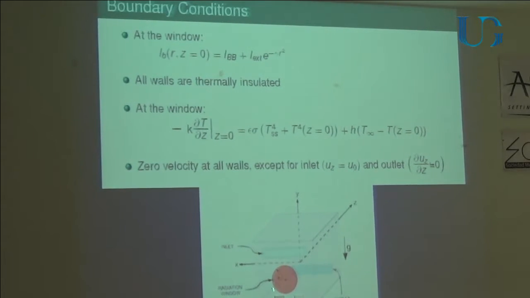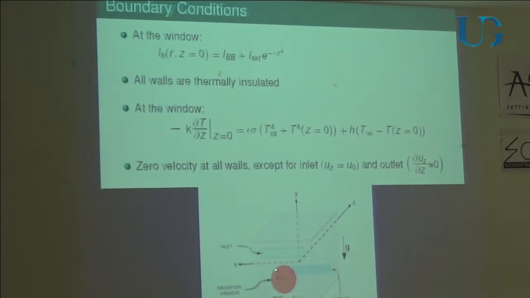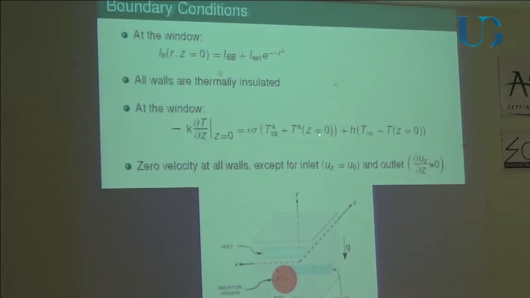At the window where the beam comes in, we consider that we have, and I'm sorry, this should be a minus sign, we know that the energy that goes out from here can be re-radiated to the atmosphere, or can be lost through convection in the front side of the system.